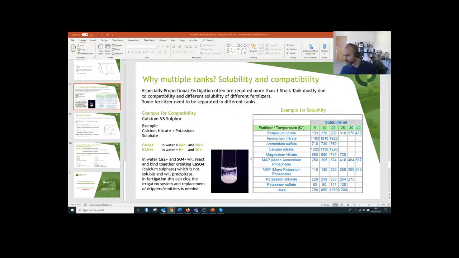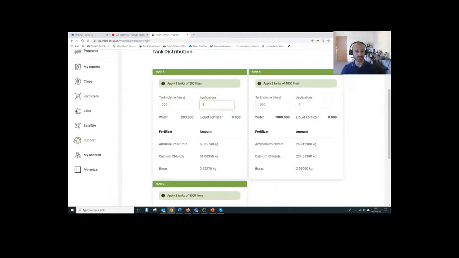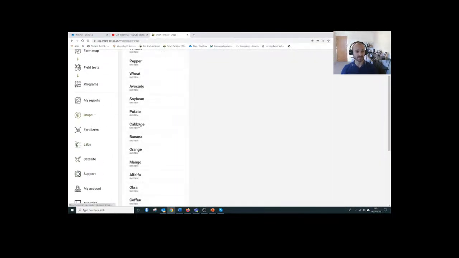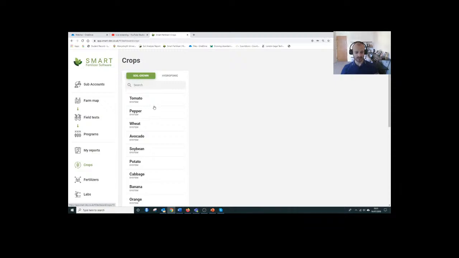Sunil is asking, does the software advise the fertilizer required for all fruits and vegetables? I don't know if for all, but we have 215 crops in our database. I will show you here. As you can see, we have tomato, pepper, wheat.